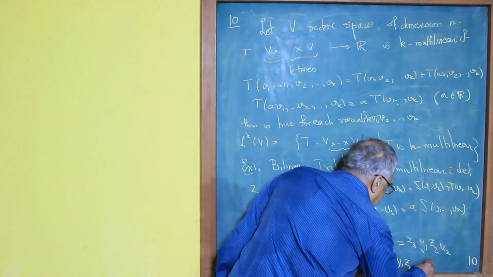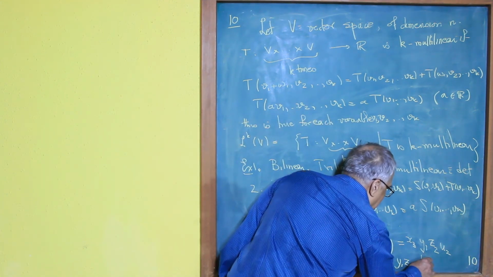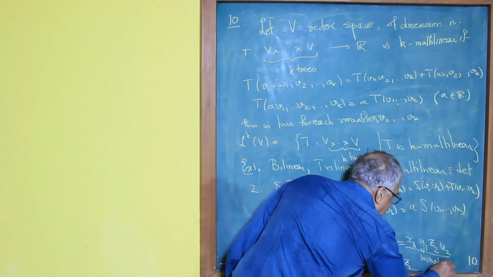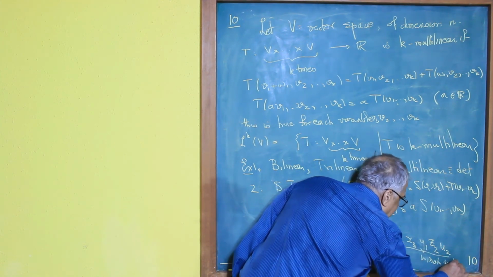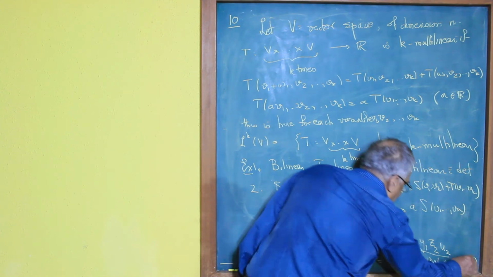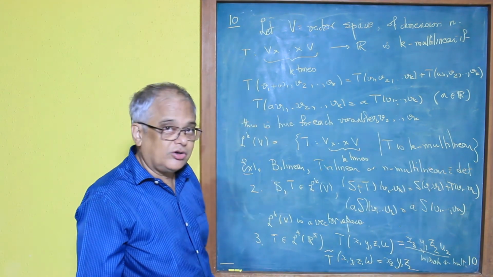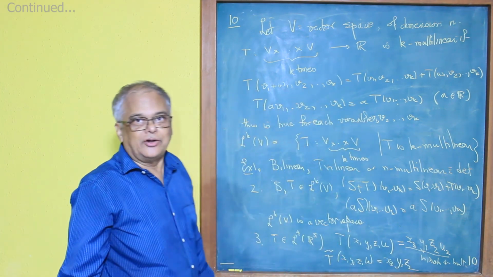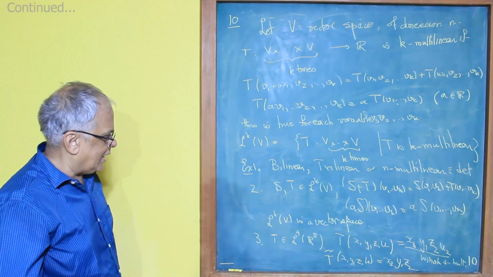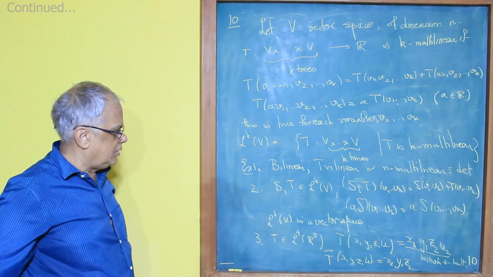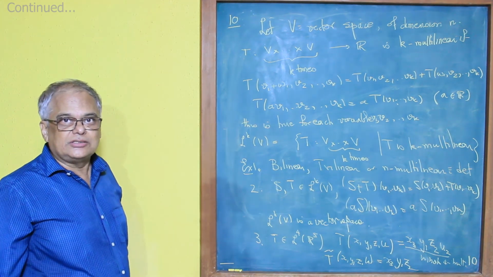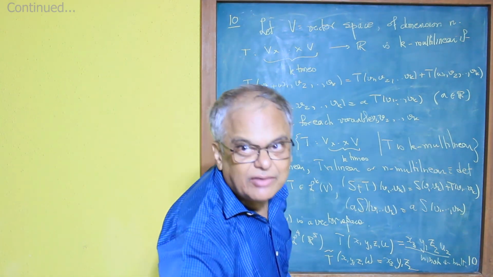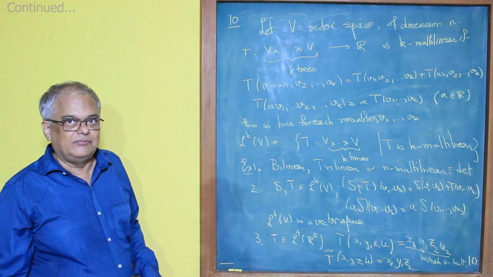So T tilde is not 4-multilinear. And the reason it is not 4-multilinear is because the U component doesn't come there at all. So you should be able to play around with this idea and get lots of examples of elements in L^4 of R5. So we'll continue from here.